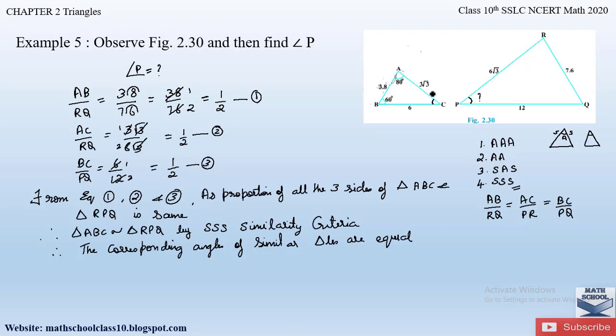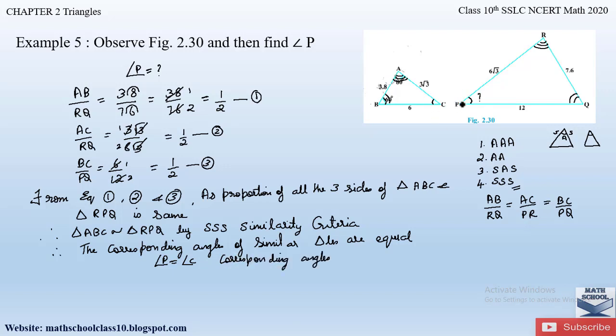So angle opposite to these sides are B and Q. So these two corresponding angles are equal, angle B and angle Q, and similarly the angles opposite to the side BC and PQ, these two corresponding angles are equal. Okay, so whichever side we consider, the opposite angles must be taken as the corresponding angles to be equal. Here, since we have to find out the angle P, so we can write down that angle P is equal to angle C. So angle P is equal to angle C, that is the corresponding angle.